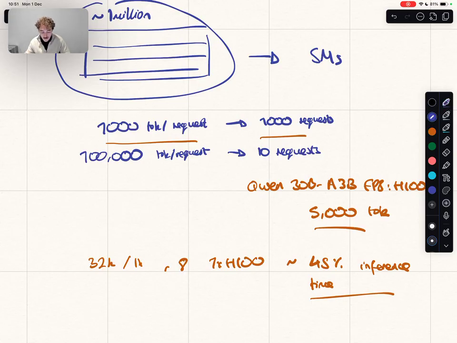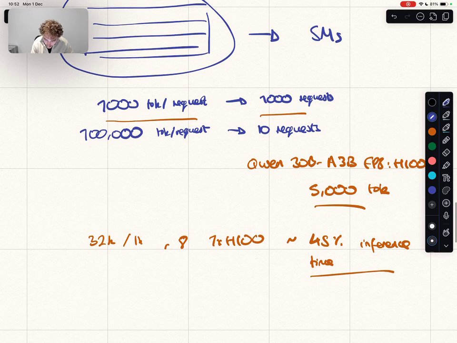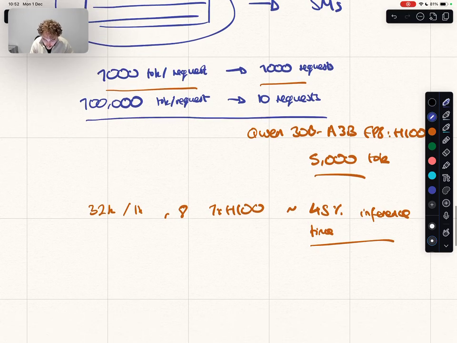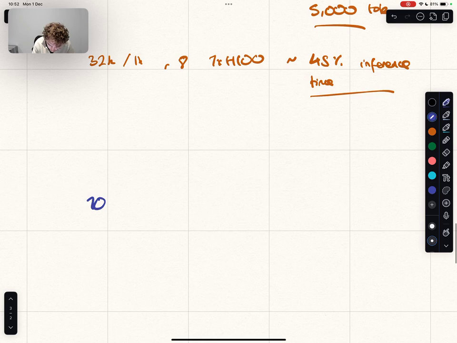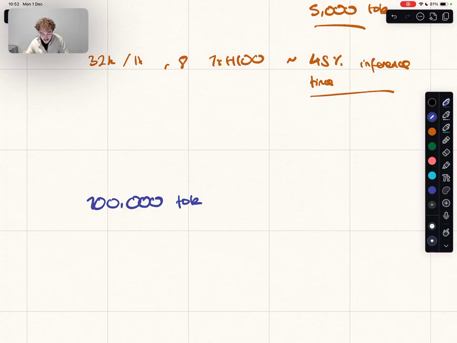But like in the low latency inference case, speculative decoding can help amortize a lot of these costs. So let's take this example where we're very strongly bound by the KV cache occupancy. Each request has 100,000 tokens, so we can only fit 10 requests in our KV cache.